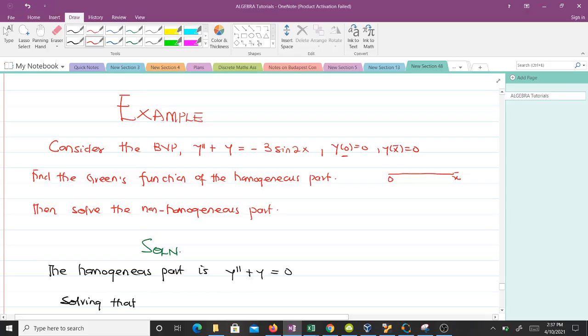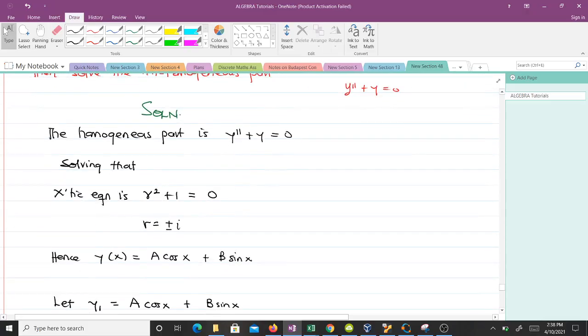For the first part of the solution, we consider the homogeneous part, which is y double prime plus y equals 0. We know how to solve second order ordinary differential equations of this form. We find the characteristic equation, r squared plus 1 equals 0, and when you solve it, you get r equals plus or minus i.